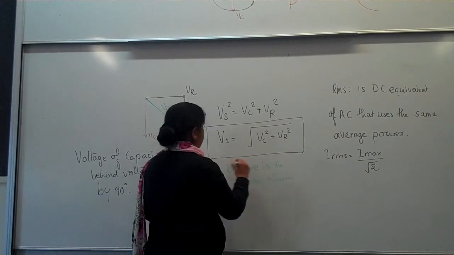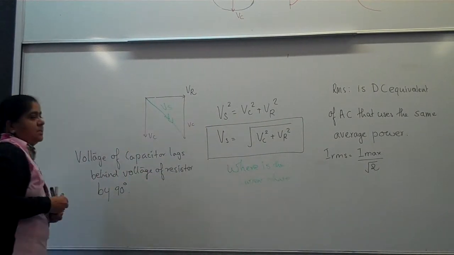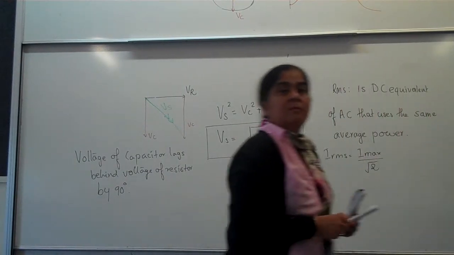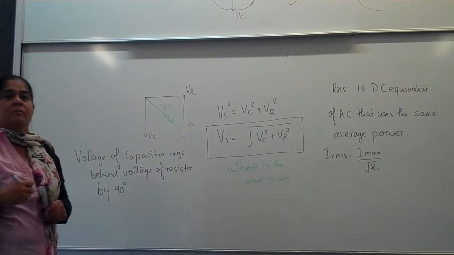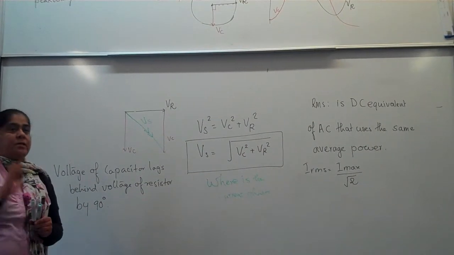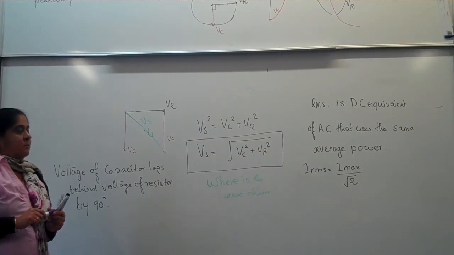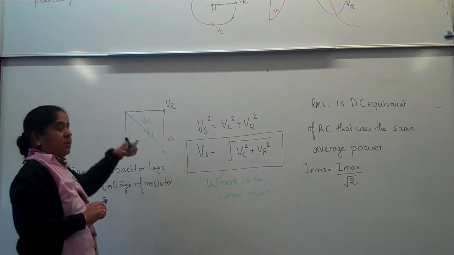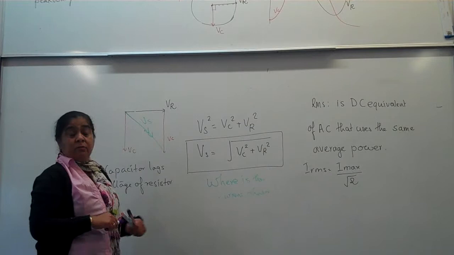So if we look at this one, where exactly is the current phasor? Any guess you would like to give? Will it be here, will it be there, or will it be somewhere in between, or in front of it?